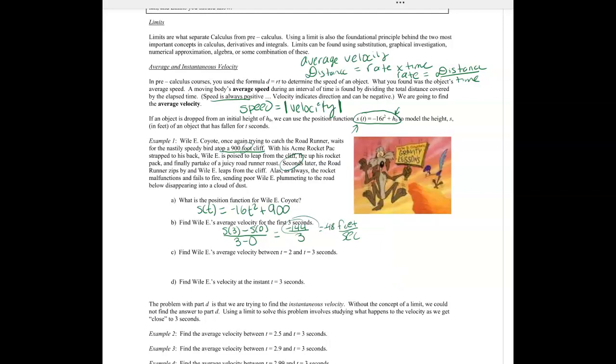Alright, so a couple of notes. If you really wanted to, instead, you could just graph this function because average velocity is always going to be the slope between 2 points on the position function.